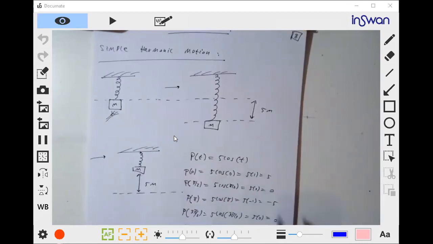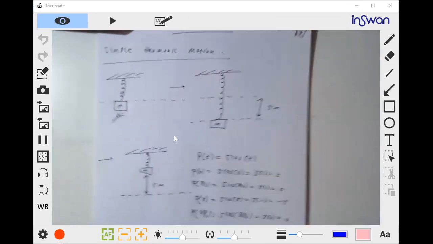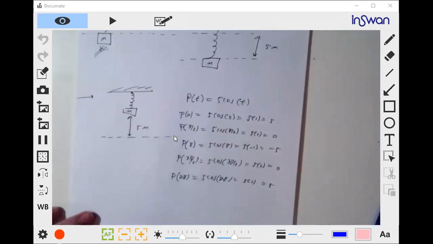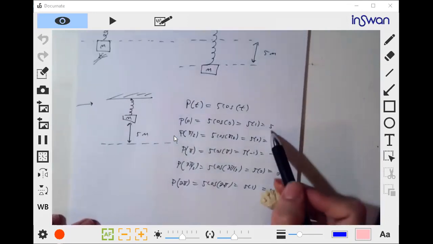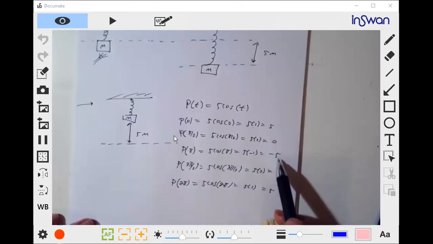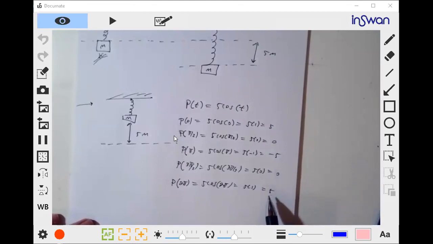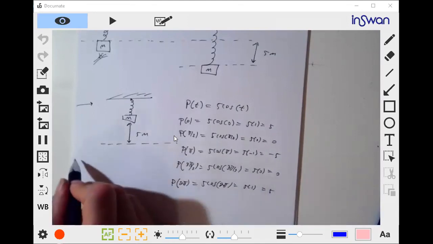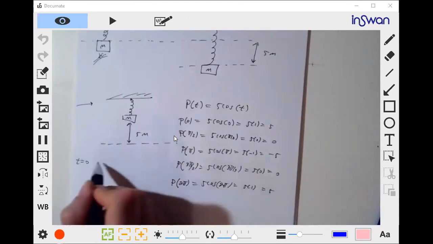Notice that these values are oscillating, and they represent simple harmonic motion, where here it's going up, back down to the original spot, down, then going back to the original spot, then up. So you can kind of see it as like a t equals 0.